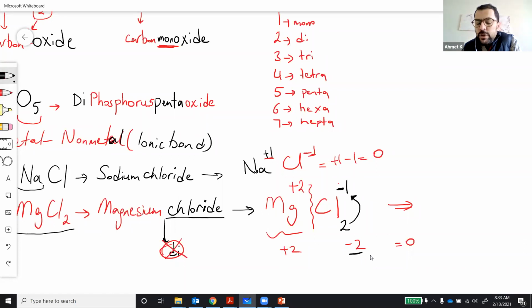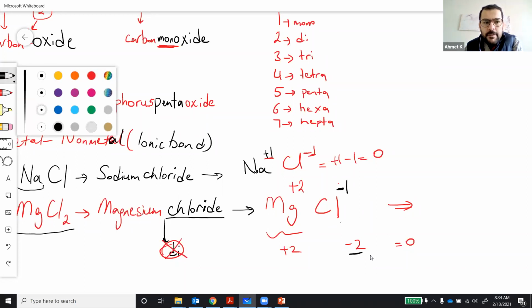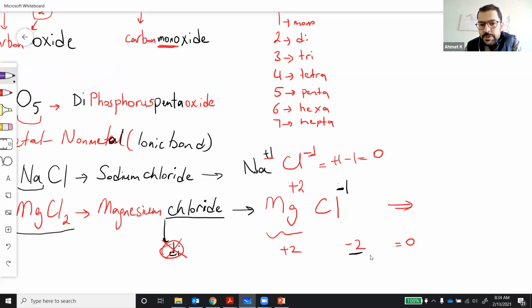Yes. Whenever you are doing this, another easy way, though you always need to double check, is crisscrossing. In the PowerPoint slides, we tell you the crisscross. So you bring this 2, and crisscrossing means you put this 2 over here under chlorine and 1 here under magnesium.